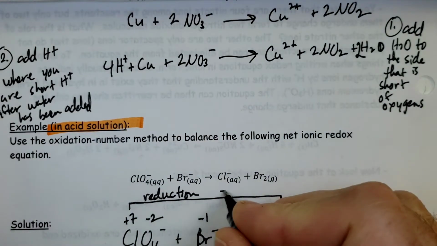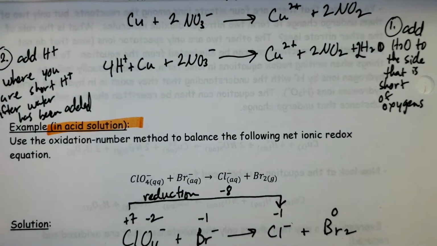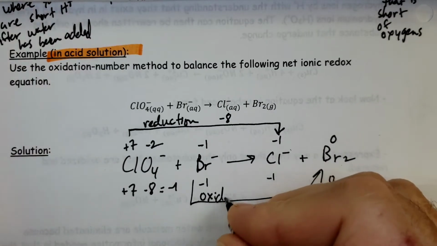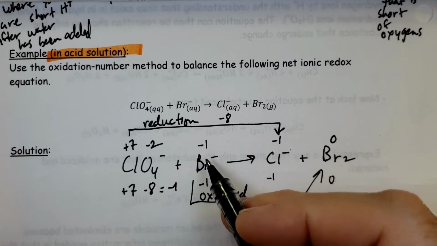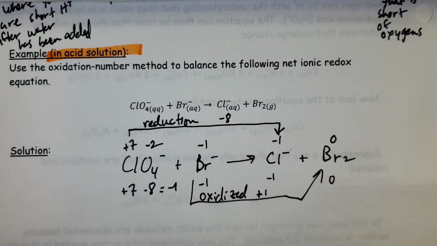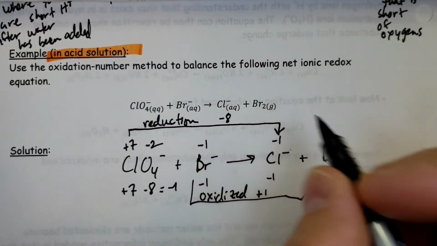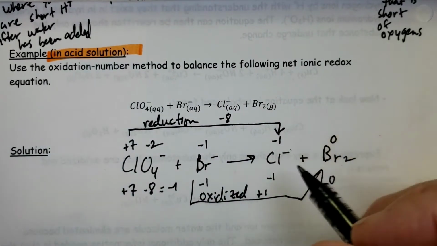So that's a change of -8 if you look at a number line. Then over here, bromine, going from -1 to 0, that is getting more positive, which means we lost electrons. Oxidized, -1 to 0, +1. Okay? So you can always draw a number line to see what the total change is here that's happening.